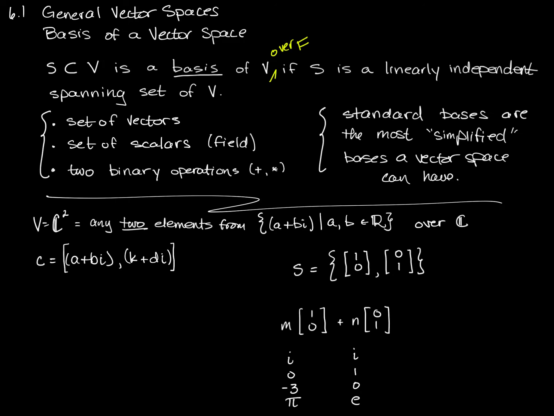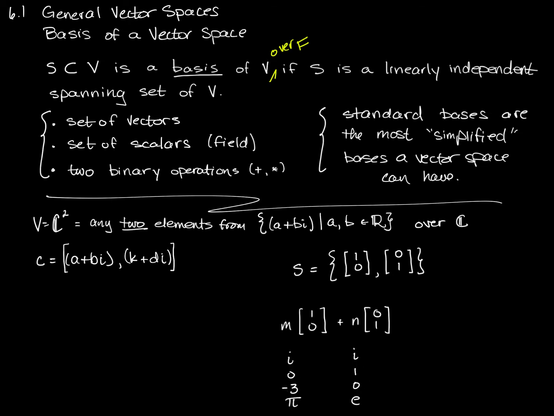These are my scalars. So these are drawn from the complex numbers because that's the field I've been given to work with. And that means the numbers that I can pull from are any complex number, not just any real number. Okay? So I could also use 3i plus 2 here as a scalar. So I can write a linear combination of these two vectors using more than just the real numbers as scalars.